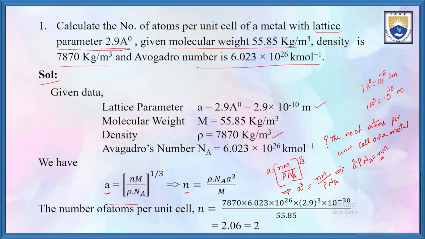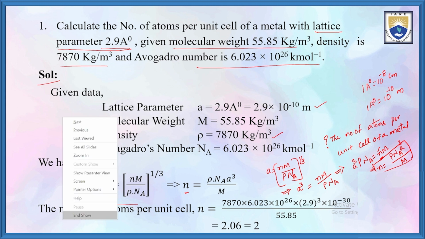But we want N, the number of atoms per unit cell. So N is equal to rho Na A cube by capital M. So this is the formula which we derived, simplified from the expression for A. This gives the number of atoms per unit cell.